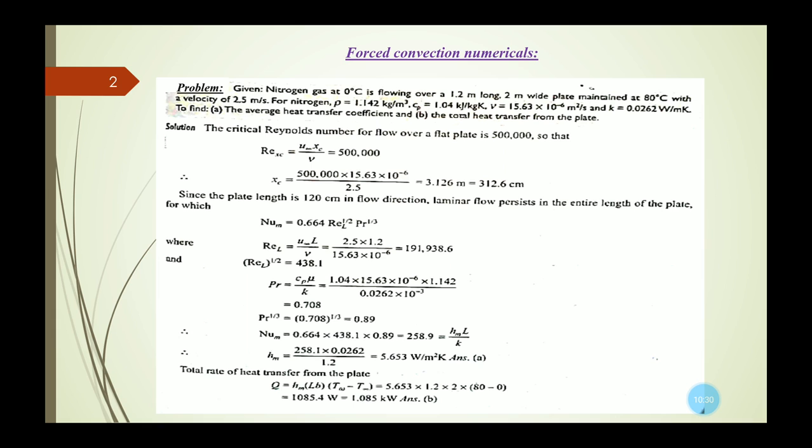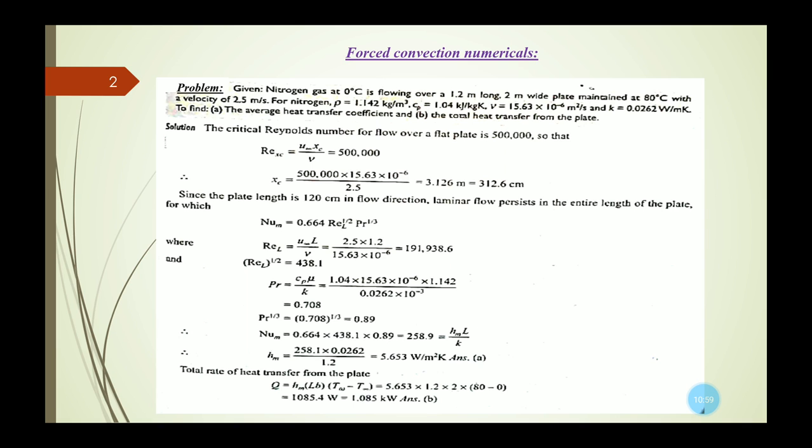So based on that, we can identify whether the flow is laminar boundary layer flow or it is in the turbulent boundary layer zone. So depending on that characteristic of the flow, we will use the valid formula of the Nusselt number. So here, as we have got that for the entire length of the plate the flow has laminar characteristic.